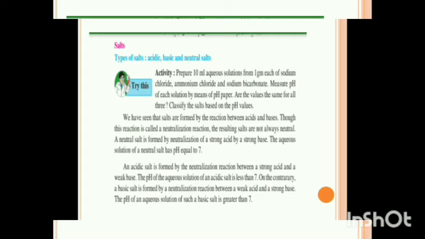And a basic salt is formed by the neutralization reaction between a weak acid and a strong base. So in this way, you will get the pH value of all these three: for a neutral salt the pH value is equal to 7, for an acidic salt it is less than 7, and for a basic salt it is greater than 7.